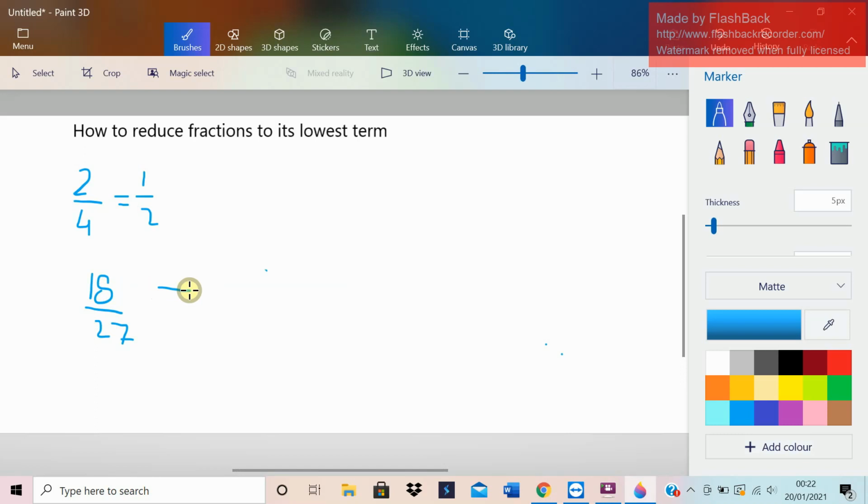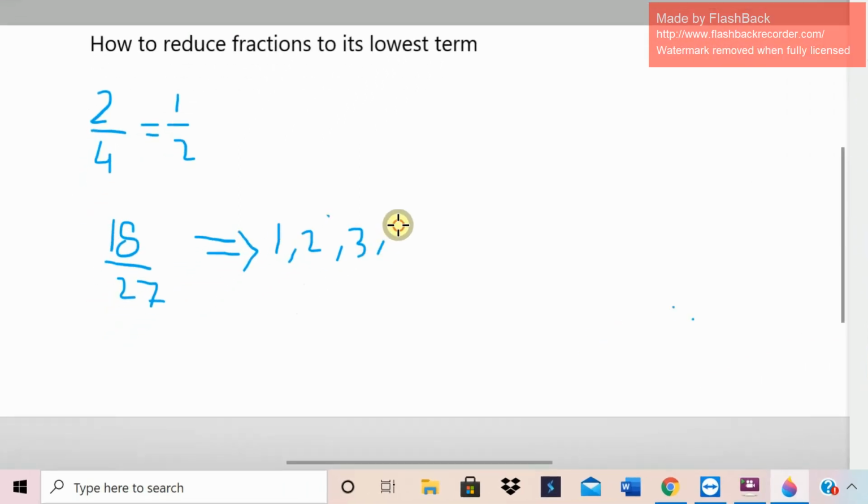The factors of 18 are 1, 2, 3, 6, 9, and 18 itself.